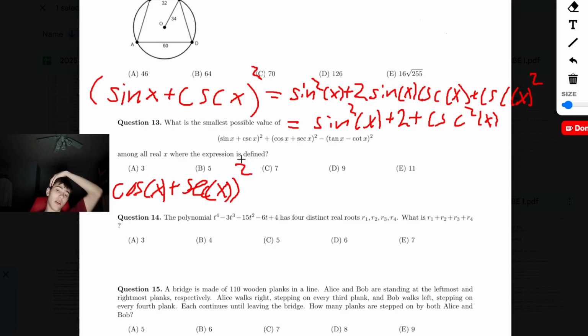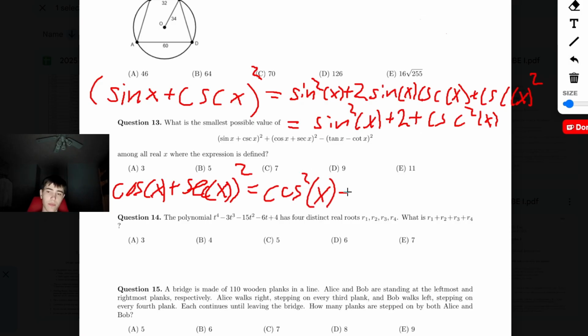And you could just say, since this is the same situation where if you multiply these two together, you get 1, you could just replace sine with cosine and cosecant with secant, and you would get the same thing, which is true. So we're going to get cosine squared of x plus 2 plus secant squared of x, right? That's another part of what we have. Okay, it's good to remember.